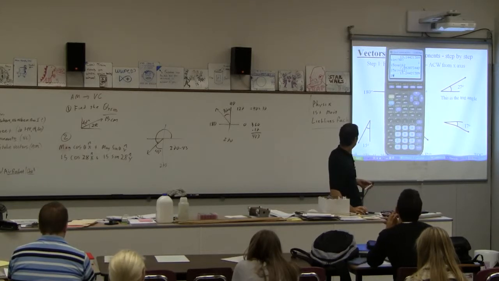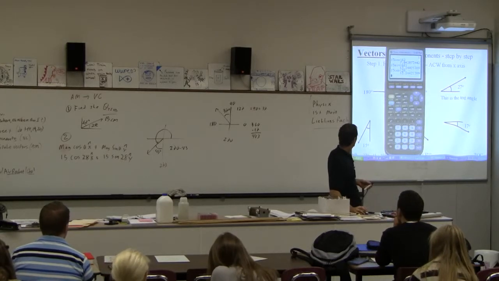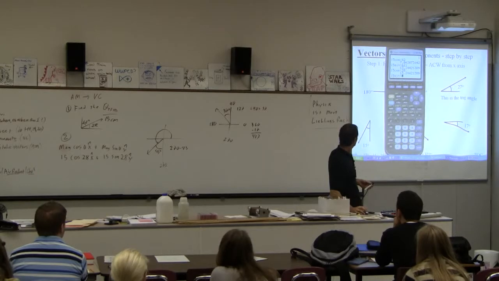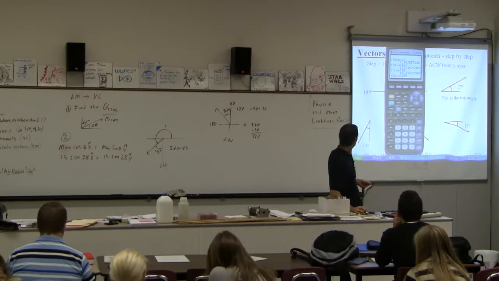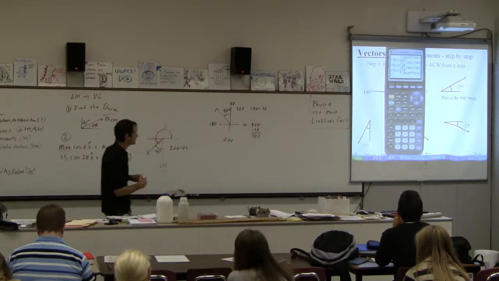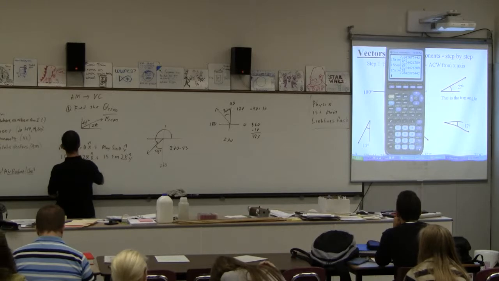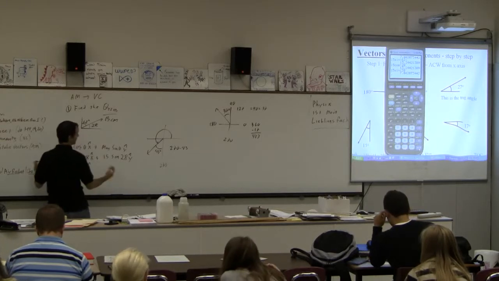Let's go 15 cos 28, 15 sine 28. There we go. Now I'm happier. It just switched them around, because that's the way it works. So this one is 13 centimeters in the x direction with sig figs.